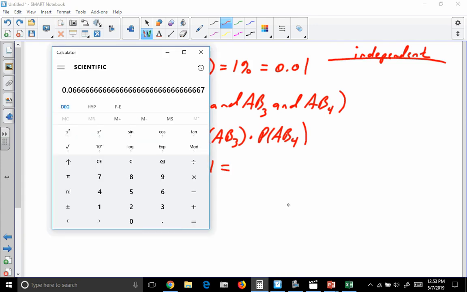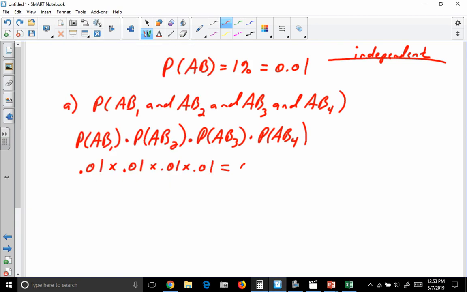So if we multiply those together, or we could do 0.01 to the 4th power, we get 0.00000001. So not very likely. Very unlikely that if you select 4 people that they all have type AB blood.